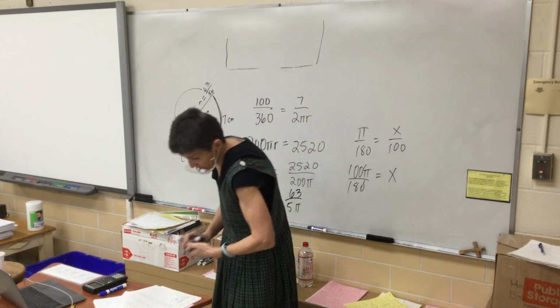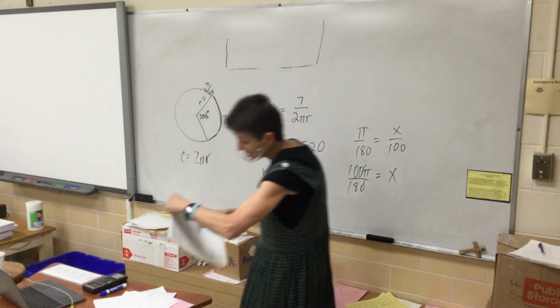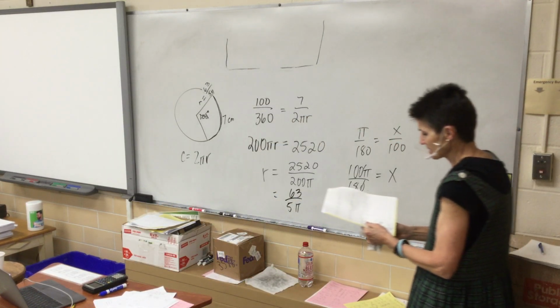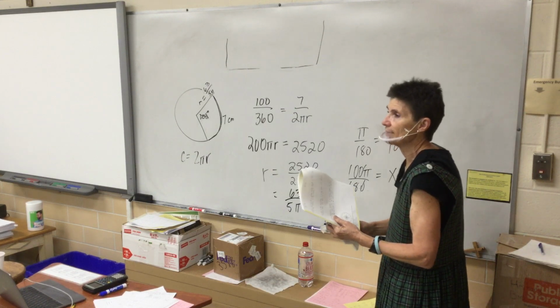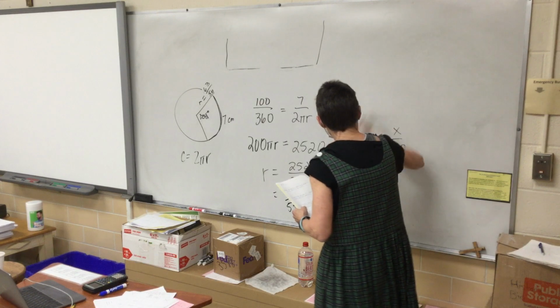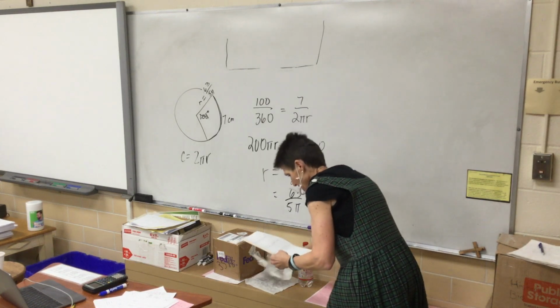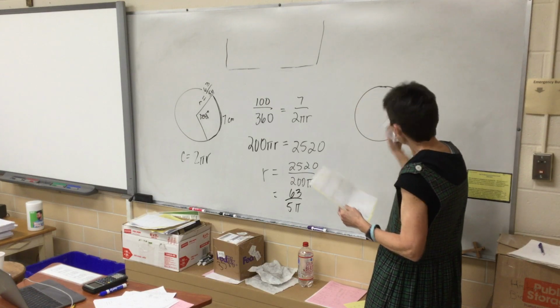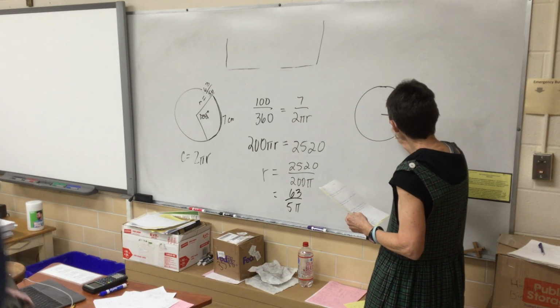All right. What is the perimeter of a 10-degree sector cut from a circular disc with a radius of 11? What in the world does that mean? Here's my circular disc, and it has a radius of 11 inches.